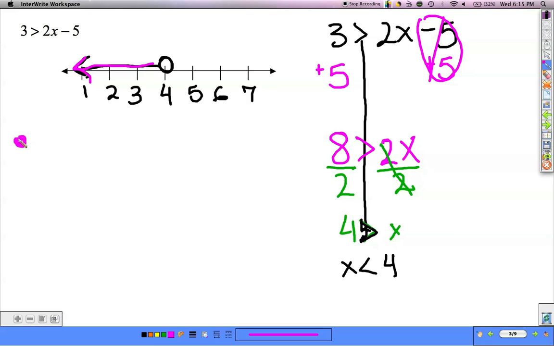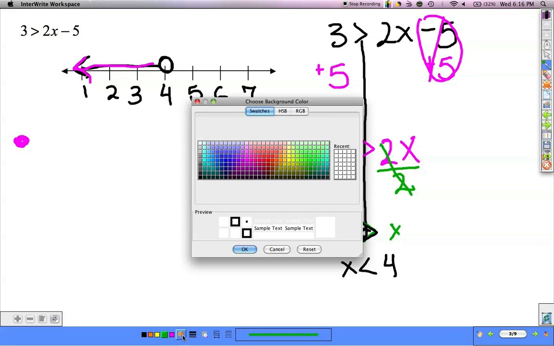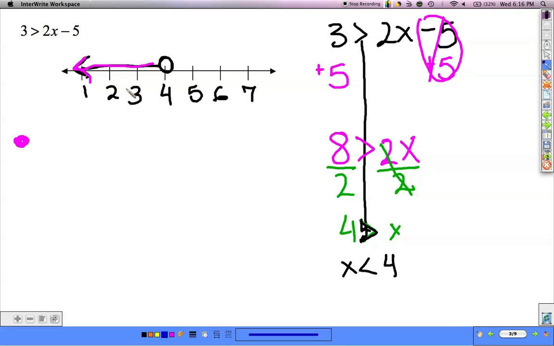So I'm going to actually check 2 different solutions. Let's say our first one, let's check 3.